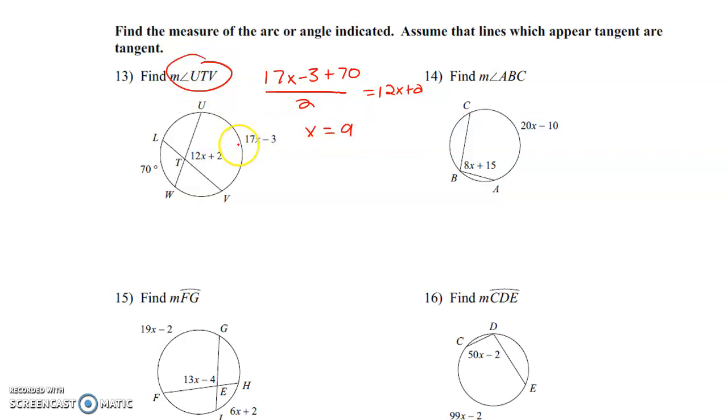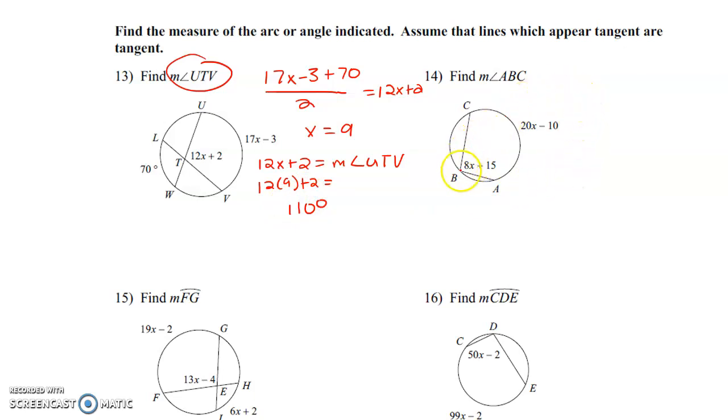So that means you have to take your UTB, which is your 12x plus 2, and you're going to plug your 9 in. Okay, and that's how you end up with 110 degrees.